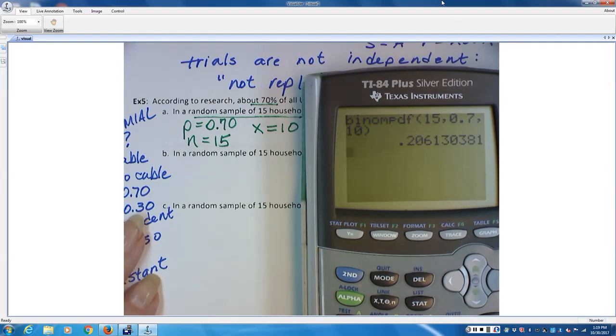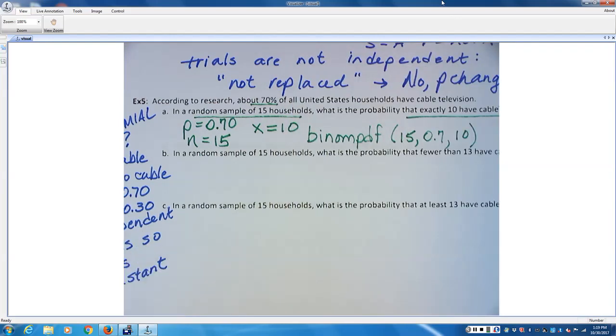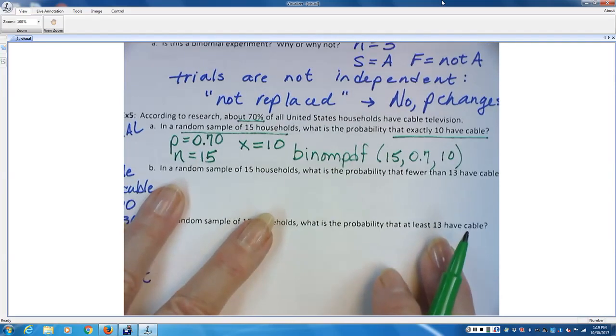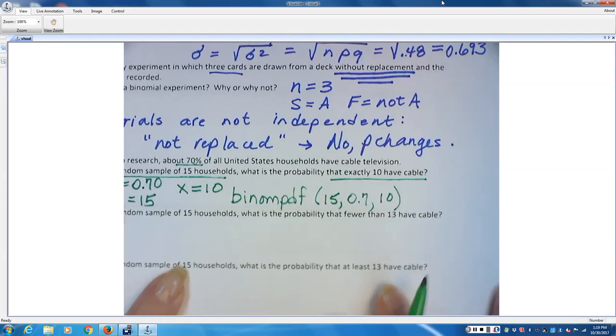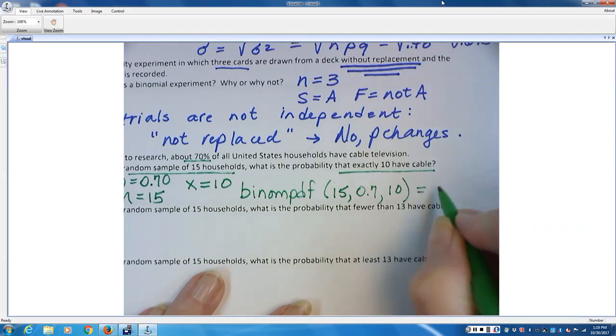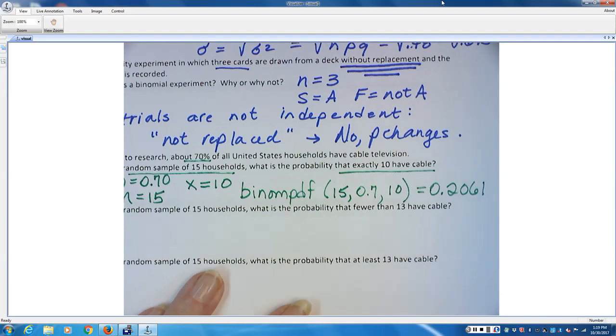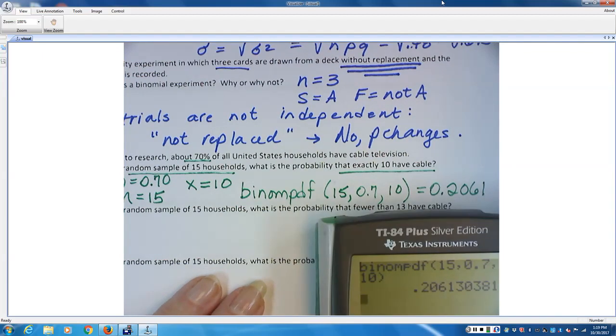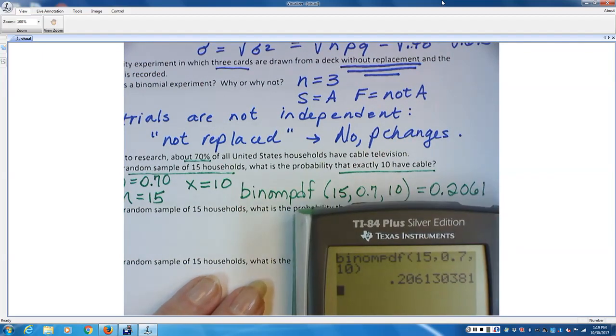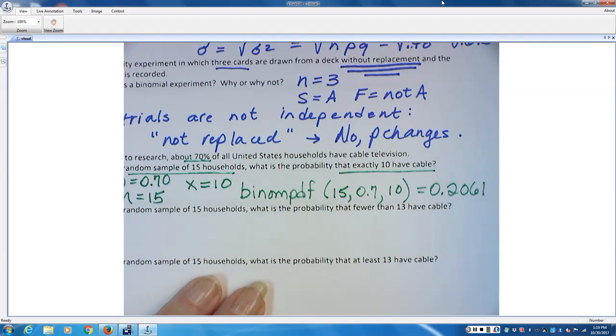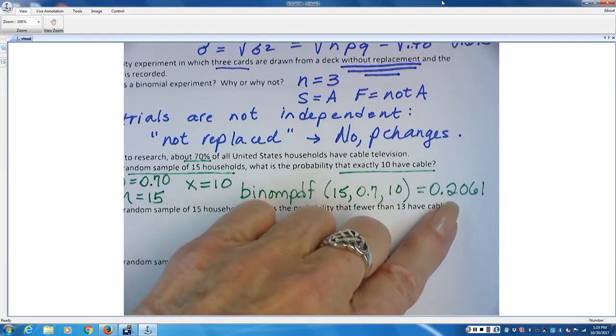And I get 0.2061. Now it's actually 0.20613, so if I round it to 4 decimal places, then it's 0.2061.